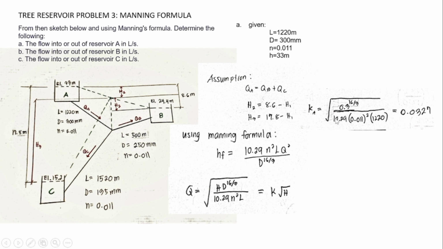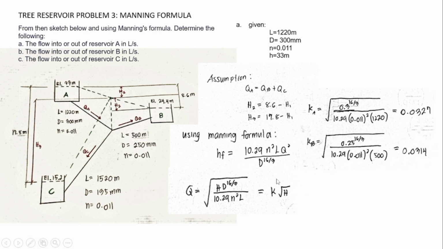So the square root of diameter, which is equal to 300 mm, so 0.3 raised to 16 over 3, over 10.29 times 0.011 squared, the roughness coefficient n, times the length, which is equal to 1220. So Ka is equal to 0.0327.